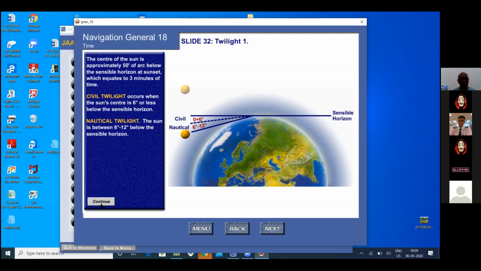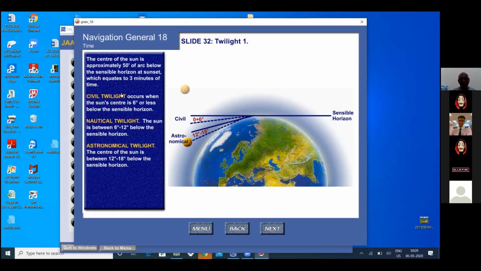Then there's something called astronomical twilight. That is when the sun is between 12 and 18 degrees below the sensible horizon. This is actually darkness. You can't see anything. It is as if it is dark. So, astronomical twilight is between 12 and 18 degrees of the sun below the sensible horizon.